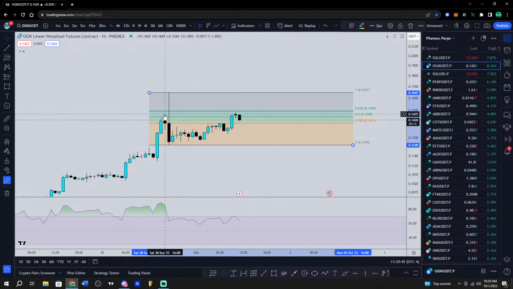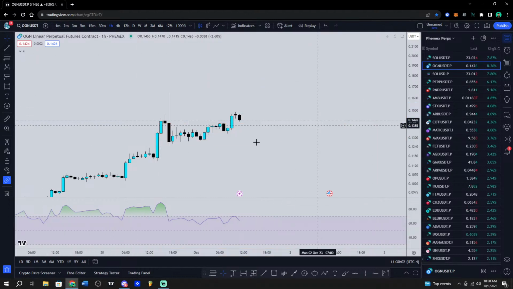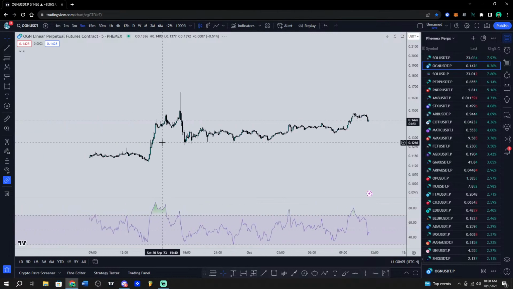Body closed above this wick here. No, it opened above that, or right at it. But we did get a candle body close above this one here and above this bullish candle here. So that tells me this could be done here. So 1 hour, we will drop down to the 5 minute.